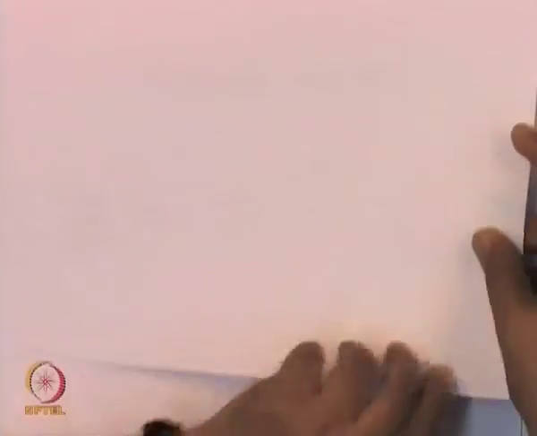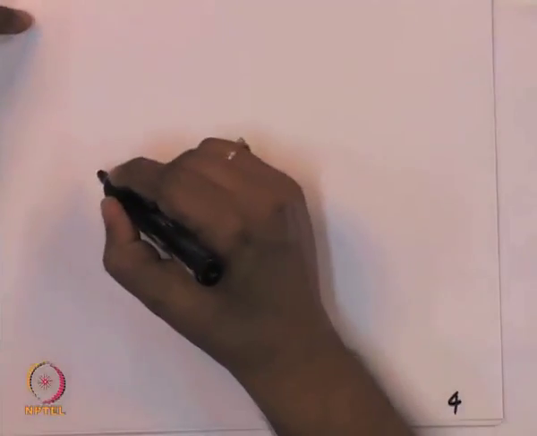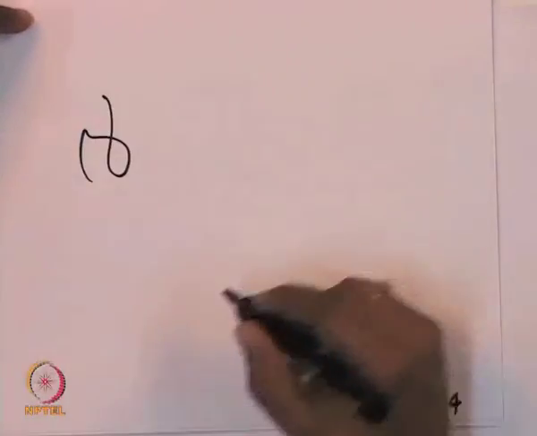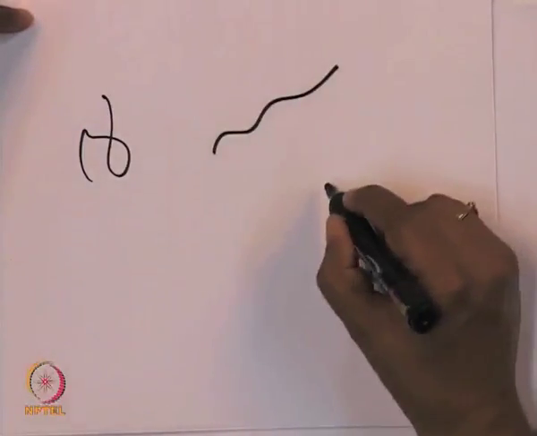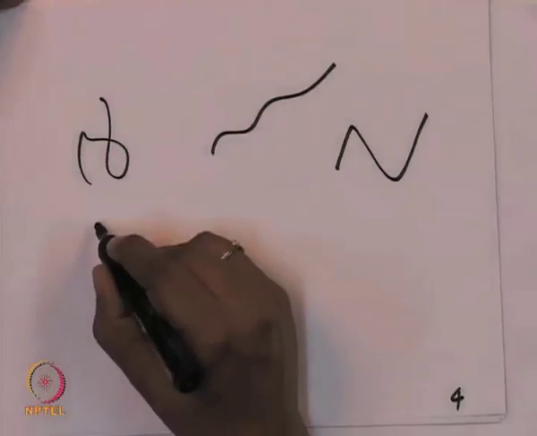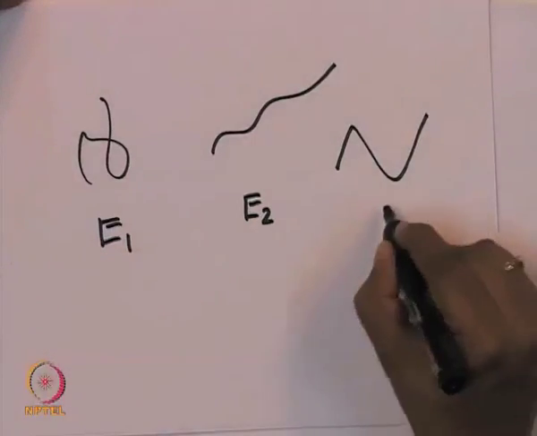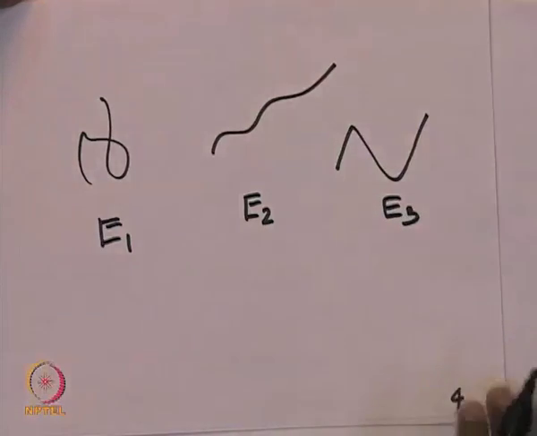Imagine that you have a protein which has 3 states. This can be one state, this is some other state, and this is a different state. The energy in this state is E1, in this state is E2, and in this state is E3.